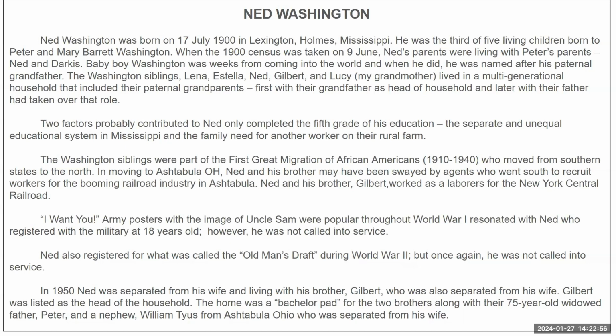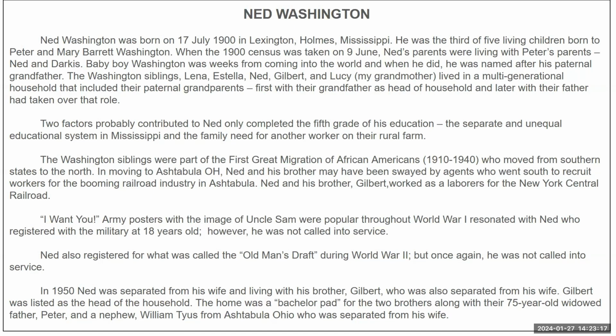As I said before, Southerners moved to the north for better educational opportunities, better housing opportunities, and a better way of life. Uncle Ned and his brother were working as laborers for the New York Central Railroad.